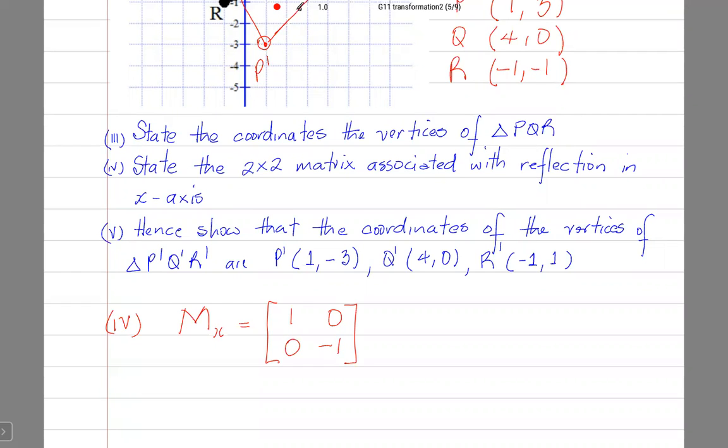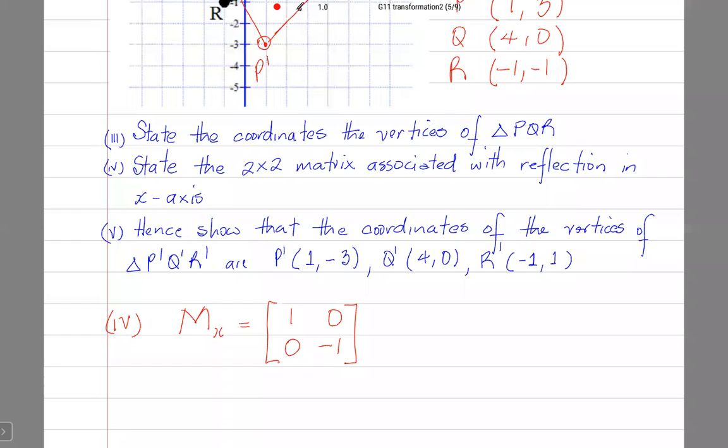This matrix does the same thing as a reflection in the x-axis. It keeps the x-coordinate the same, but changes the sign of the y-coordinate. Therefore, that is the 2 by 2 matrix that is associated with reflection in the x-axis.